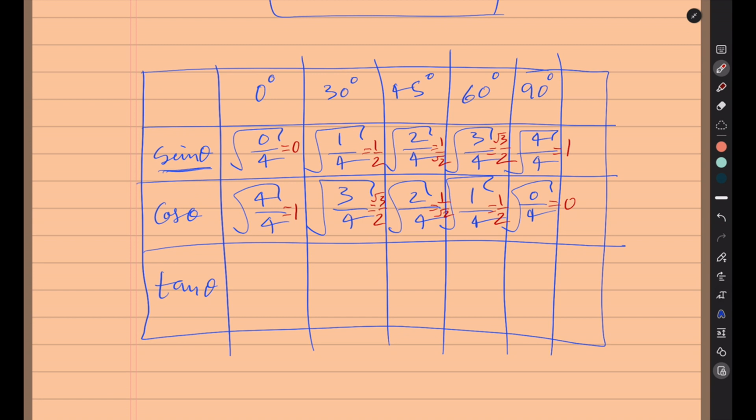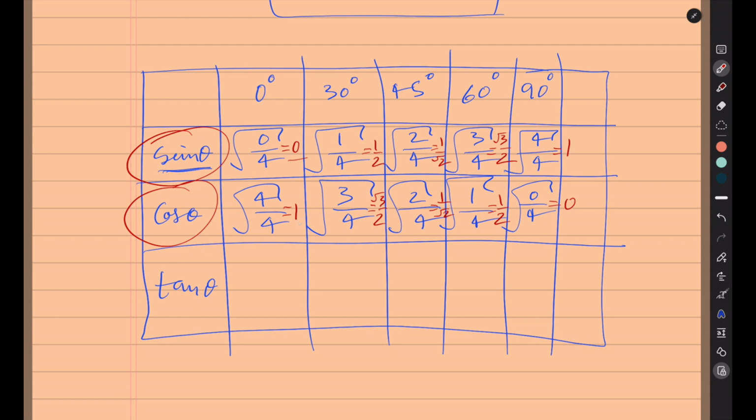This looks like a kind of magic. Why such a pattern is followed, we will look into later. But let us do it for tan theta also. Tan theta is nothing but sine theta divided by cos theta, isn't it?